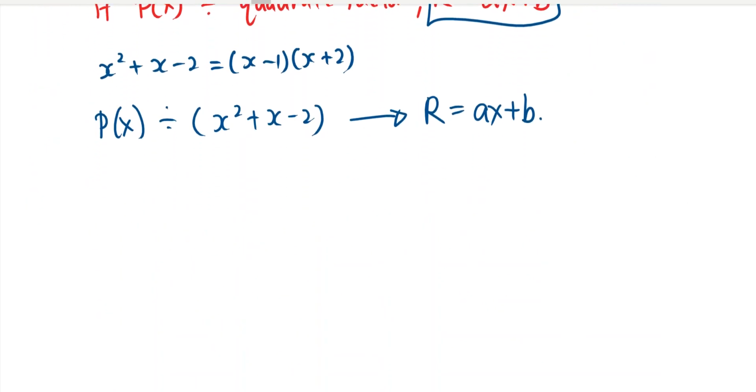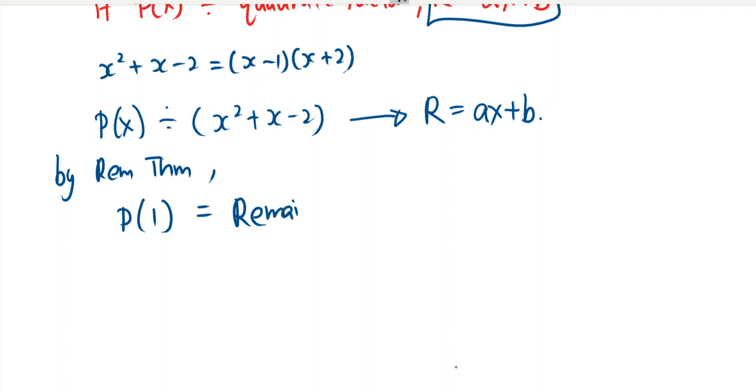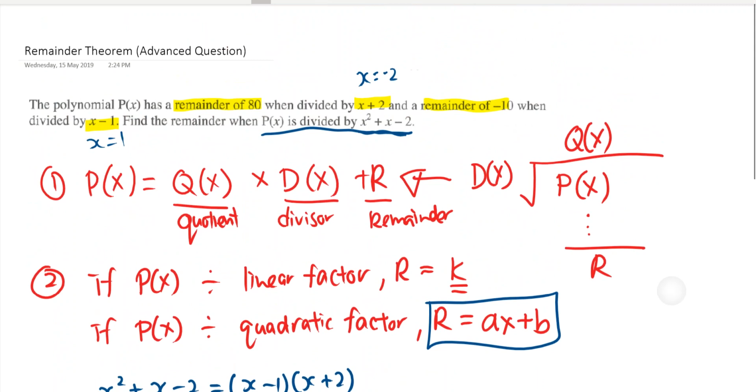What does the remainder theorem say? By remainder theorem, P(1) would be equal to your remainder, and your remainder is a(1) plus b, which is equal to 80.